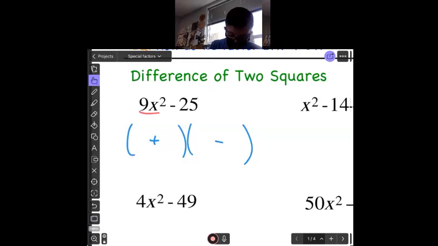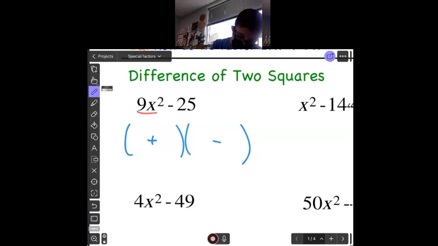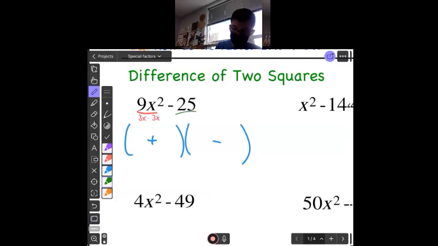Yep, right, Kyle, 3x. And what times itself is 25? Yep, right, 5. And so I take that 3x, it goes in the front of each binomial, and then I take that 5, and it goes in the end of each binomial. And I'm done.